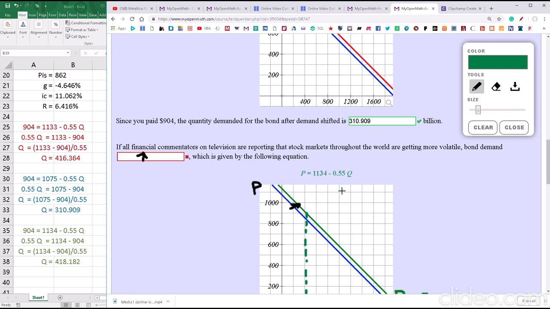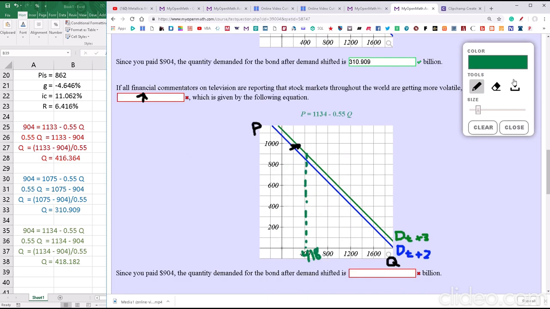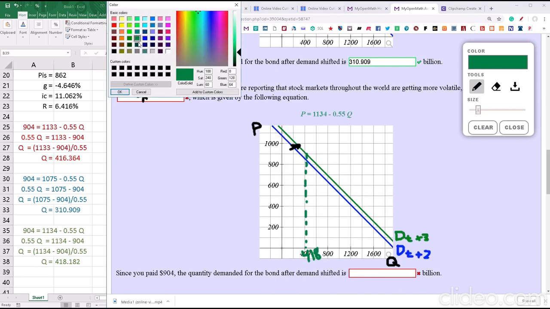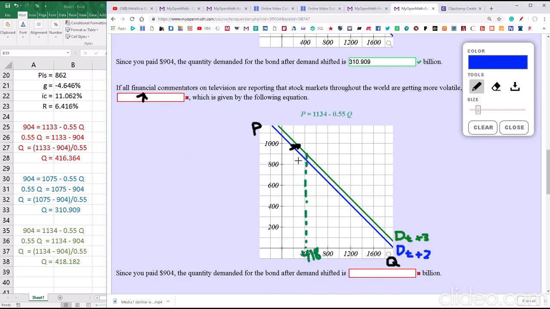It was 310.909 on the blue curve. So it was 310, or 311 if we round to 0 decimal places. Okay? And then the price is 904, right?